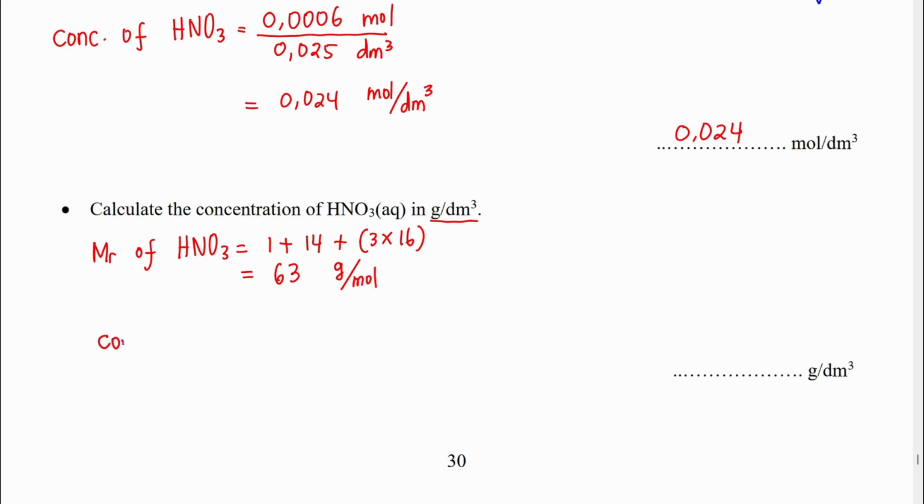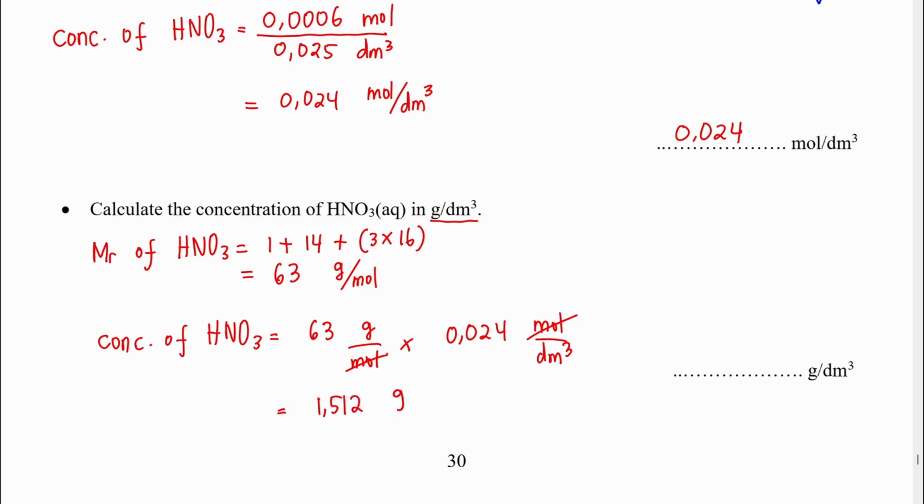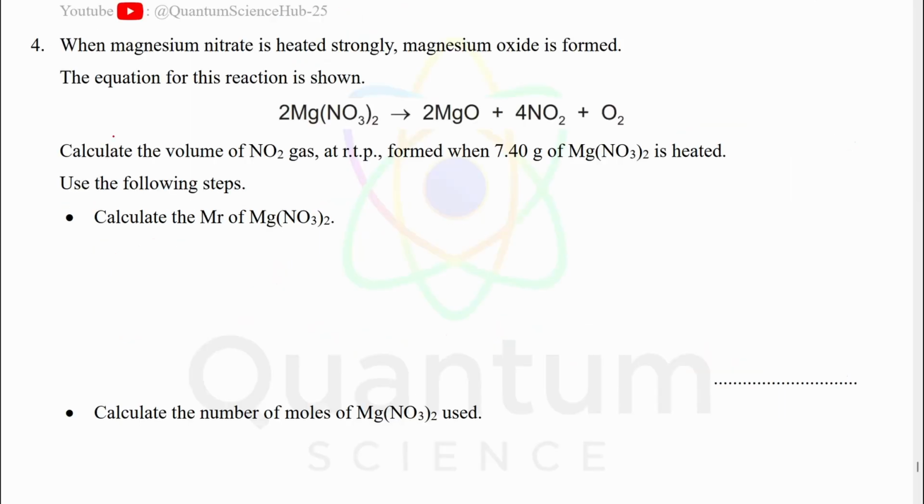Next, we find the concentration of HNO3 equals 63 g/mol, and then we multiply with the concentration, which is 0.024 mol/dm³. So we can cancel the unit of mole in here, and you will have 1.512 g/dm³. Okay, so the answer here is 1.512. That's it. Question 4.